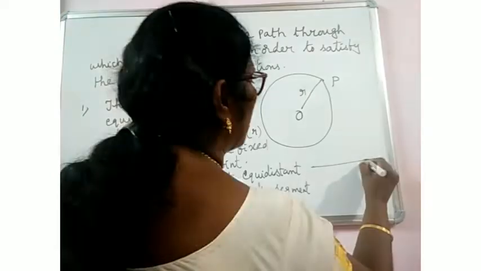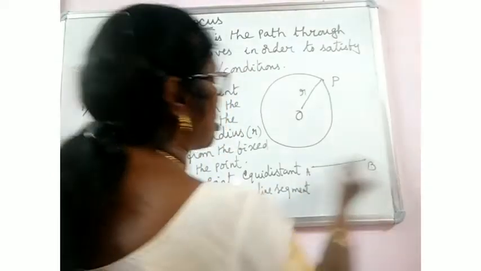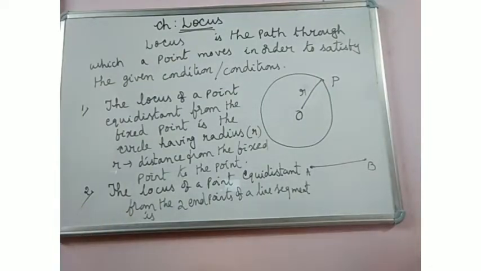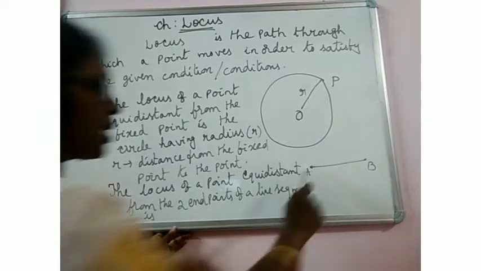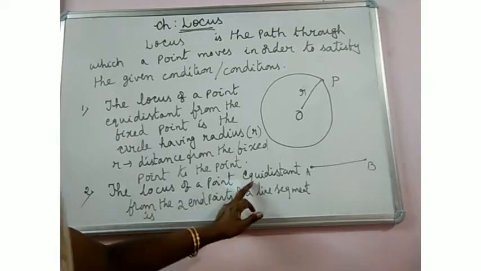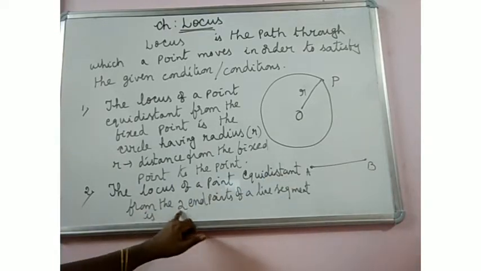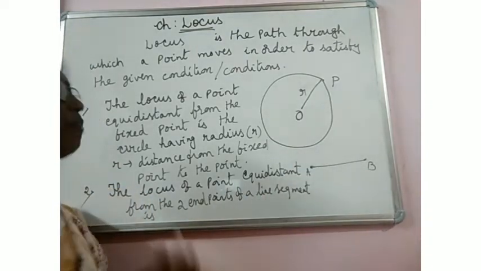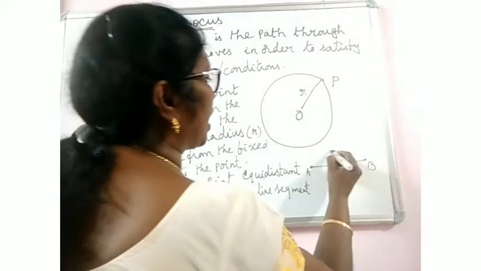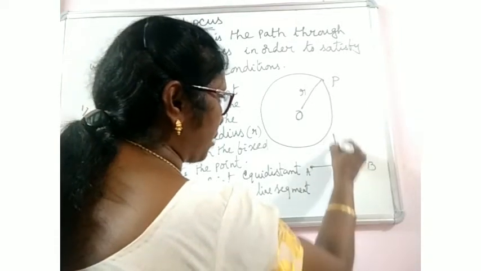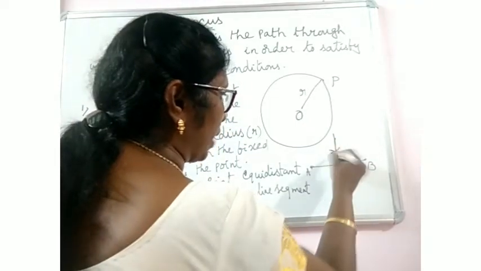Suppose AB is the line segment whose end points are A and B. What is the locus of a point which is equidistant from these two fixed points? The locus of a point equidistant from the two end points of a line segment is the perpendicular bisector of AB. Okay?